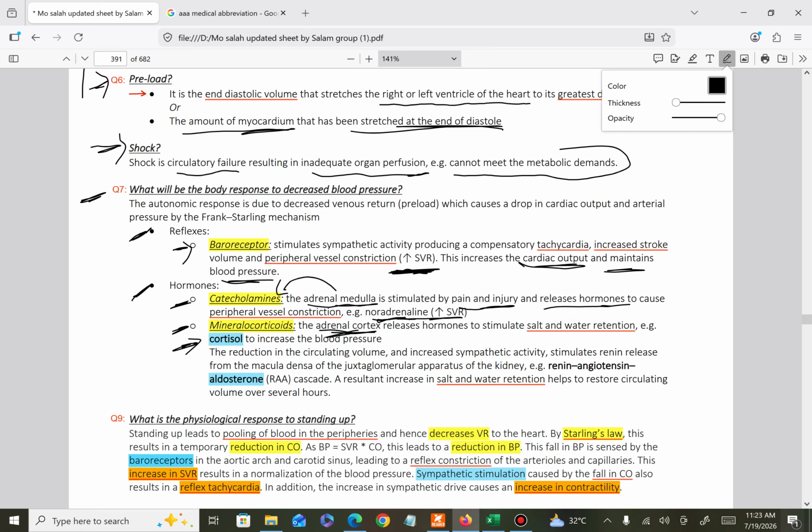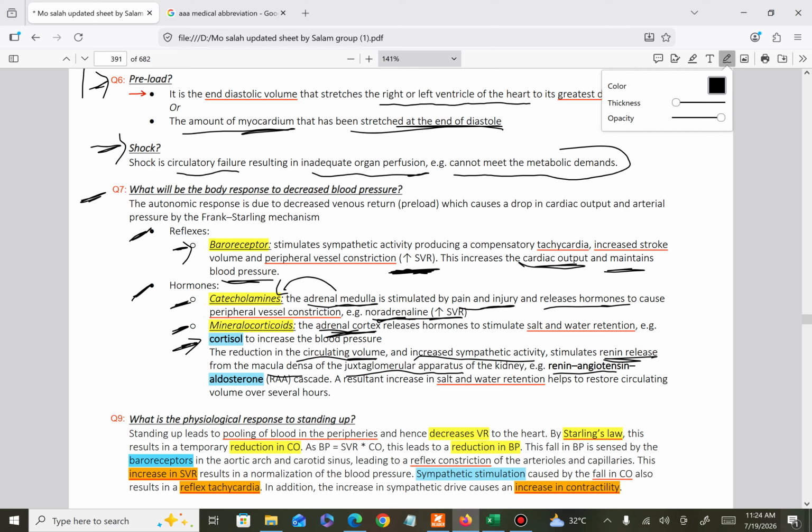In a decreasing blood pressure patient, there is reduction in the circulatory volume and increased sympathetic activity, which stimulate the renin release from the macula densa of the juxtaglomerular apparatus of the kidney to stimulate the renin angiotensin aldosterone cascade.